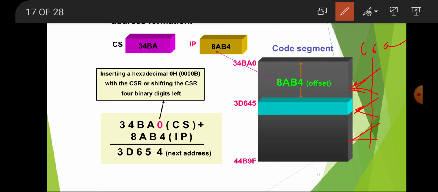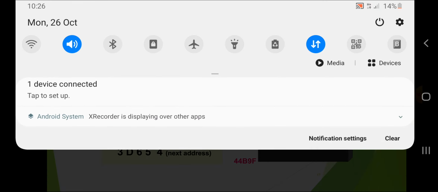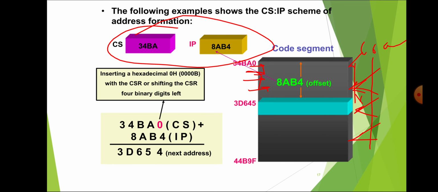We take the address of each and every line by using the offset, which is nothing but the instruction pointer. So CS plus IP will become the instruction address. They have shown it here.